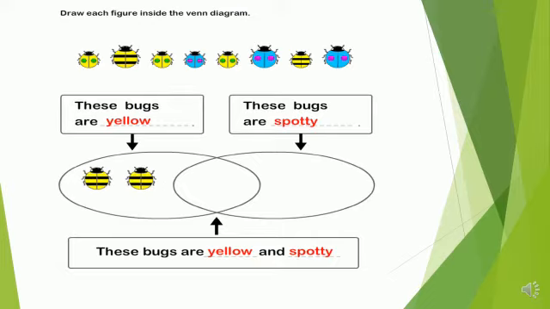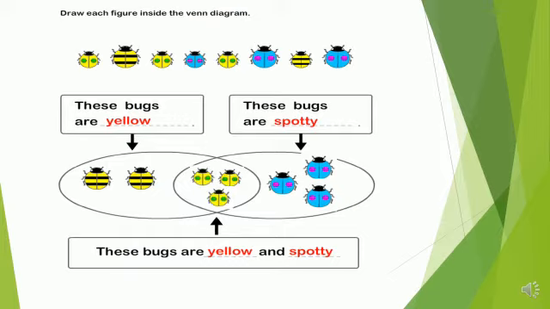And in this circle, these bugs are spotty. Who are all having spots? You can draw them here. In the middle, you can see these bugs are yellow and spotty, because this circle is the yellow circle and this circle is indicating the spotty. But in the middle, where the two circles are overlapping, you have to draw bugs that are yellow as well as having spots.